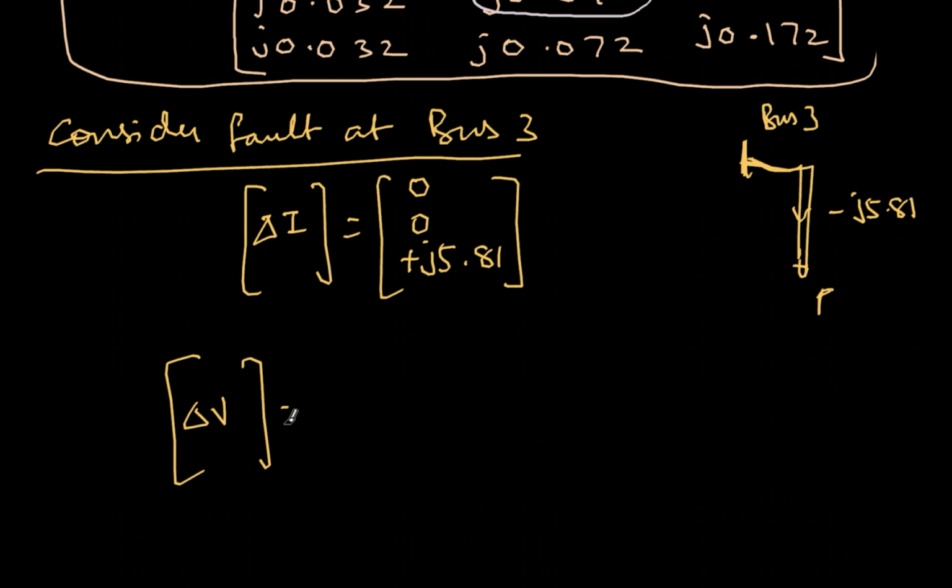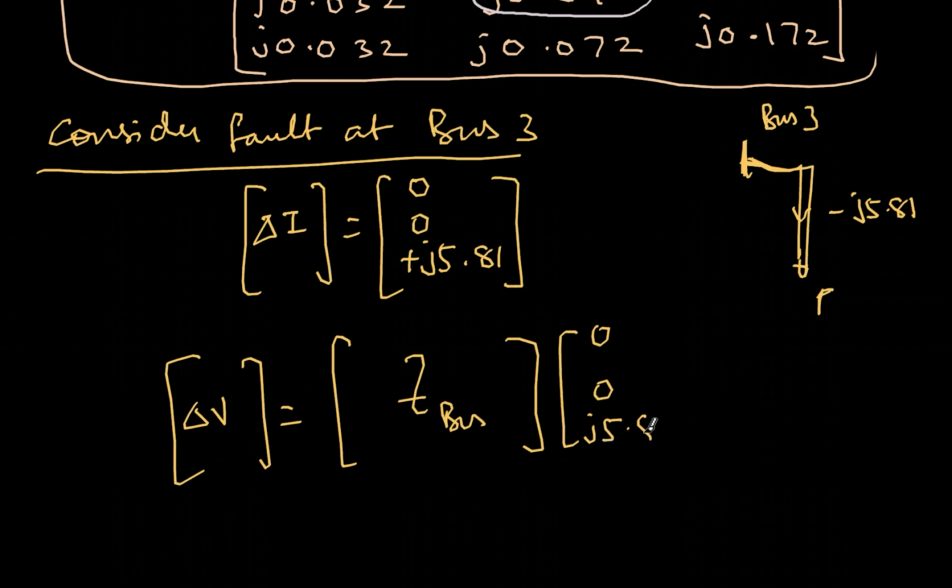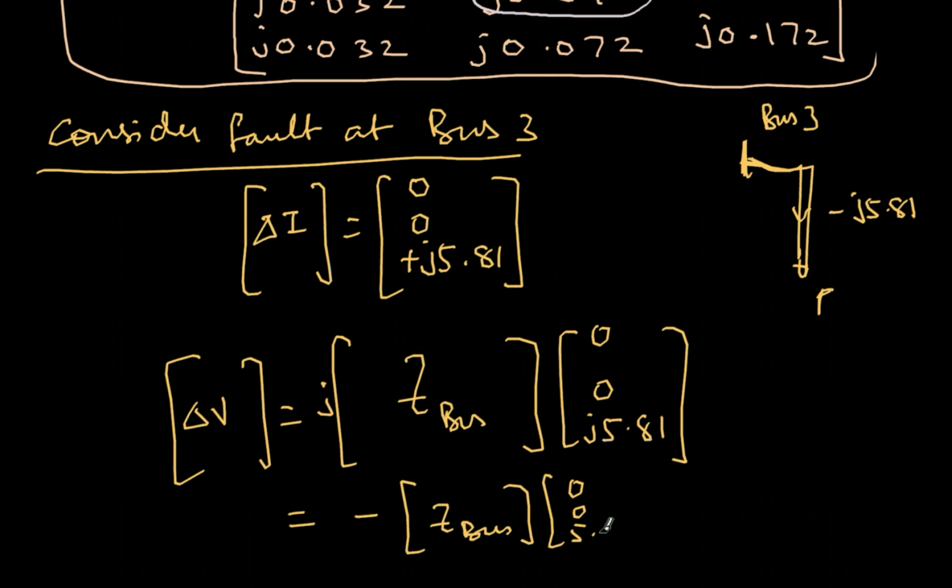The change in voltages is nothing but Z bus multiplied by 0, 0, J 5.81. There is already a J in the Z bus and a J here, so J into J will be minus 1, and then it is just multiplication. So I'll ignore the J's: J into J will be minus, then Z bus, and then 0, 0, 5.81.